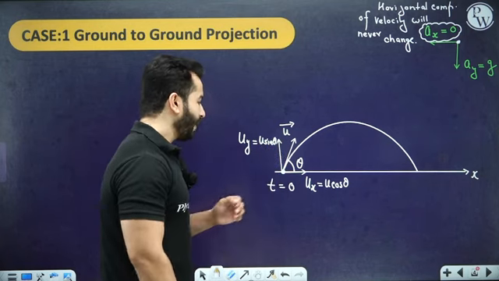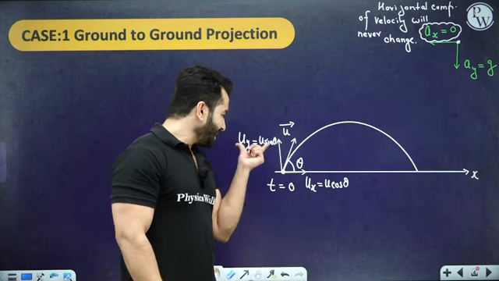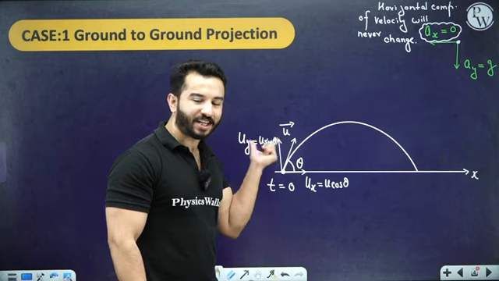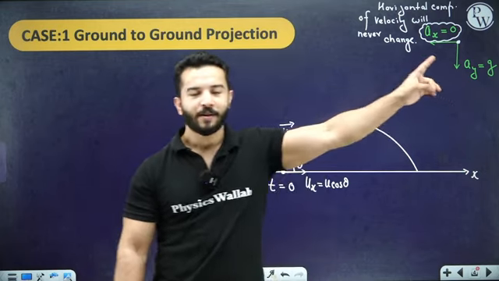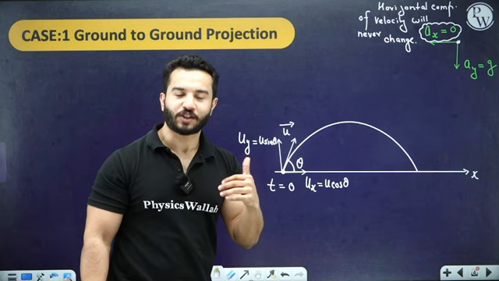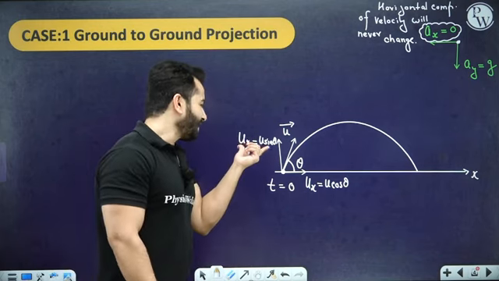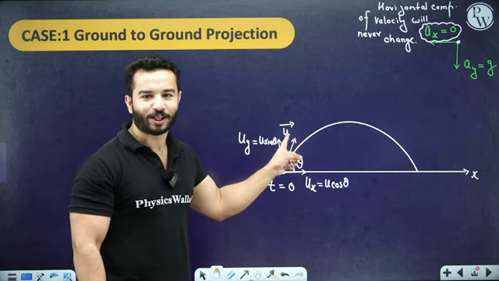I don't have any problem with ux because it is not going to change. But uy is along the y direction and I have an acceleration g along the y direction. Acceleration is the rate of change of velocity, so this velocity will change.